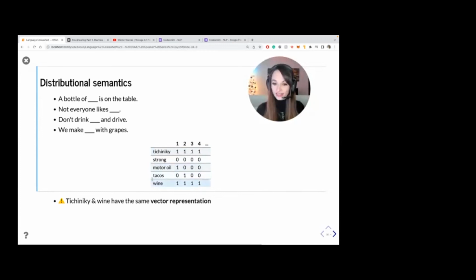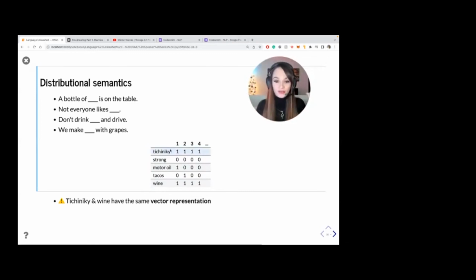On the other hand, if you look at columns, for example, column 1 is for the sentence, a bottle of blank is on the table. We can see that maybe that column is giving us the meaning, quote unquote, of something that could be in a bottle on top of a table. So something, maybe a liquid, something that can be in a bottle.